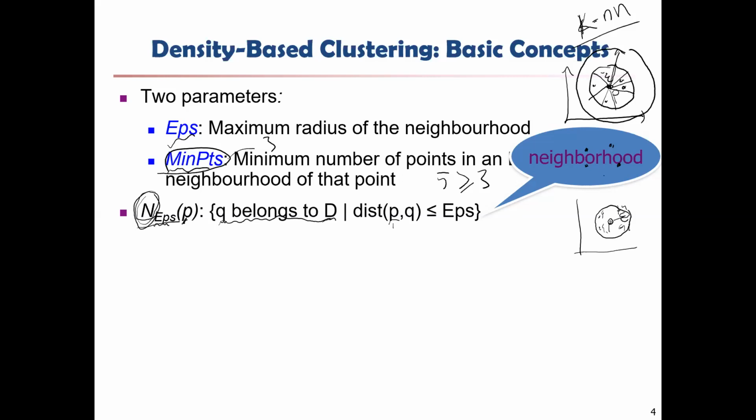So this is nothing but a set, by the way. And you can also represent this like N epsilon of P. So this is nothing but a set in which, in this case, you have Q1, Q2, Q3, and Q4. Just an example, okay? I hope this is clear right now.